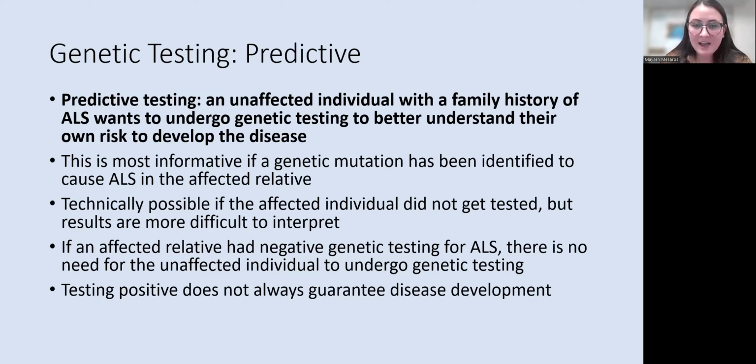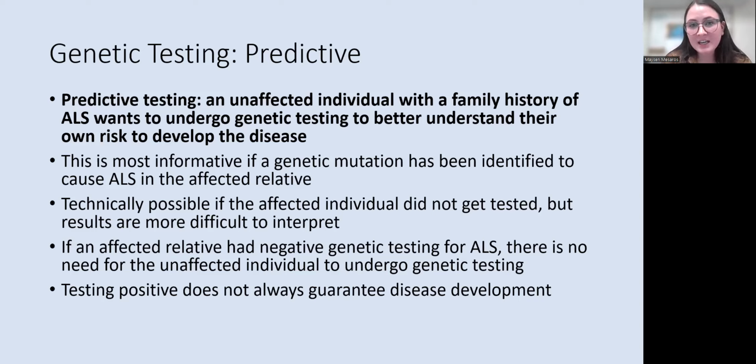If we don't have that information, technically patients can still do predictive testing. It just makes it harder to interpret. For example, if that same daughter comes in, we don't know if her father ever had genetic testing, but we do testing on her and she's negative. I don't know if she's negative because her father had a mutation that he did not pass on to her, and then she would truly be negative at an extremely low risk for ALS.